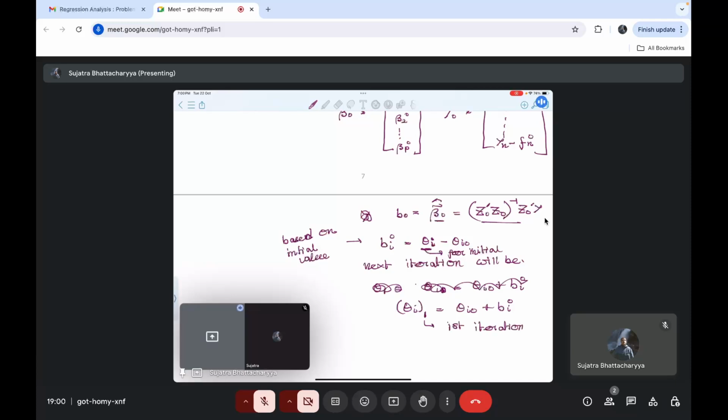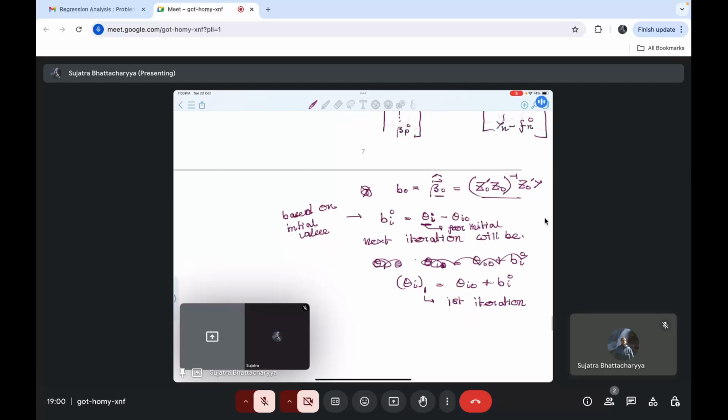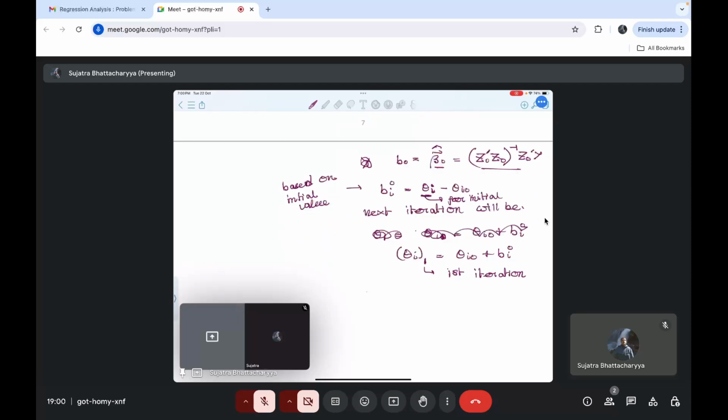And this is how you continue. And continue till what? So you started with theta i0 and estimated b i0.